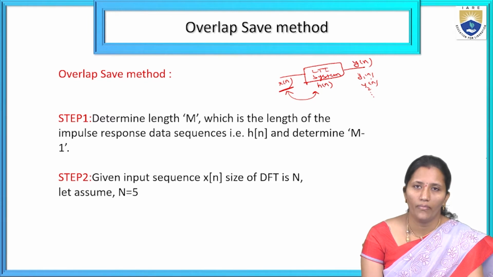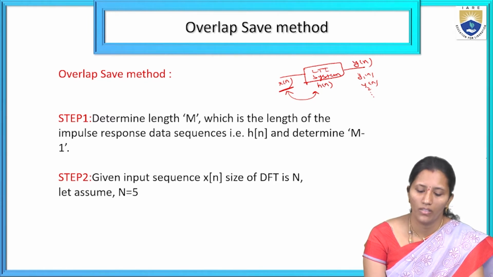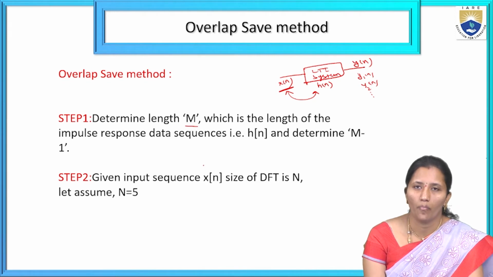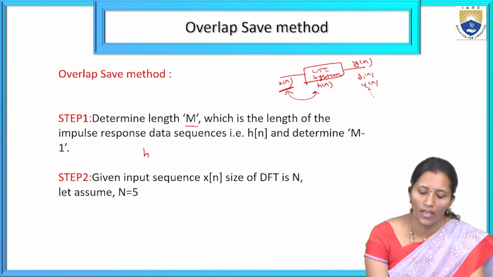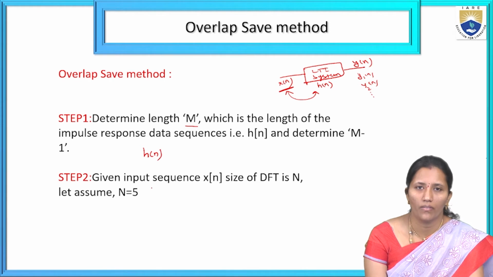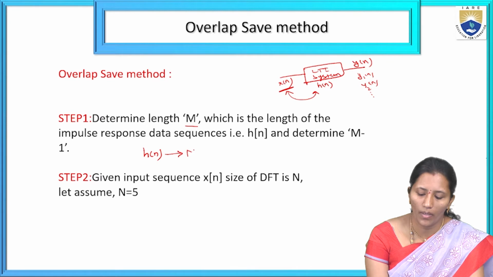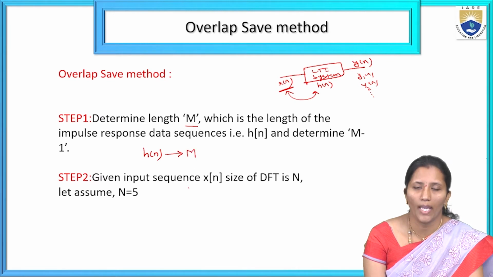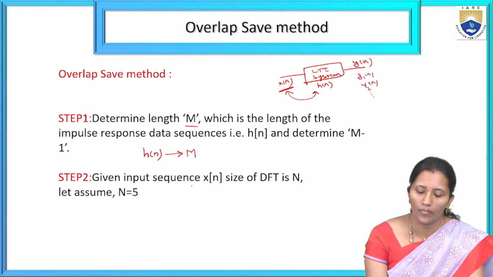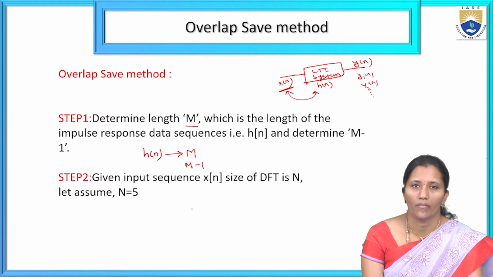In step 1, what we have to do? Determine the length M, which is the length of the impulse response. Here we are taking the impulse response h of n for the system. We have to find the number of samples in it, called capital M. If we know M, we can write the M minus 1 value.